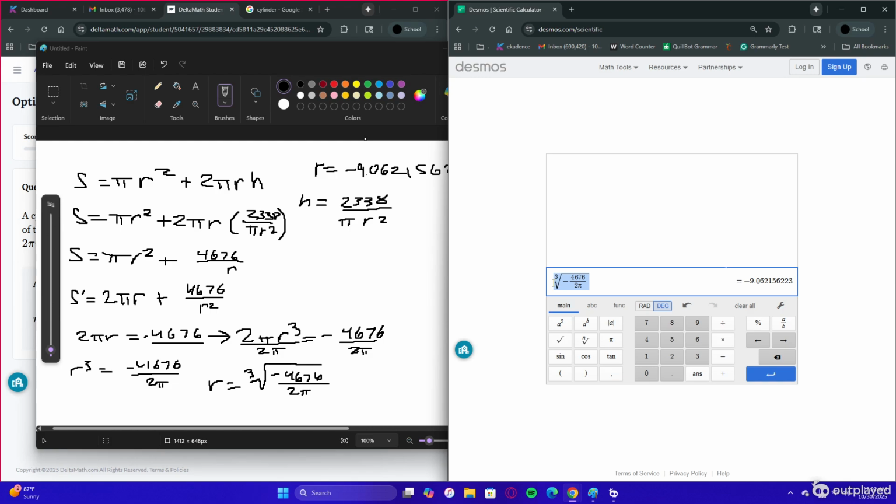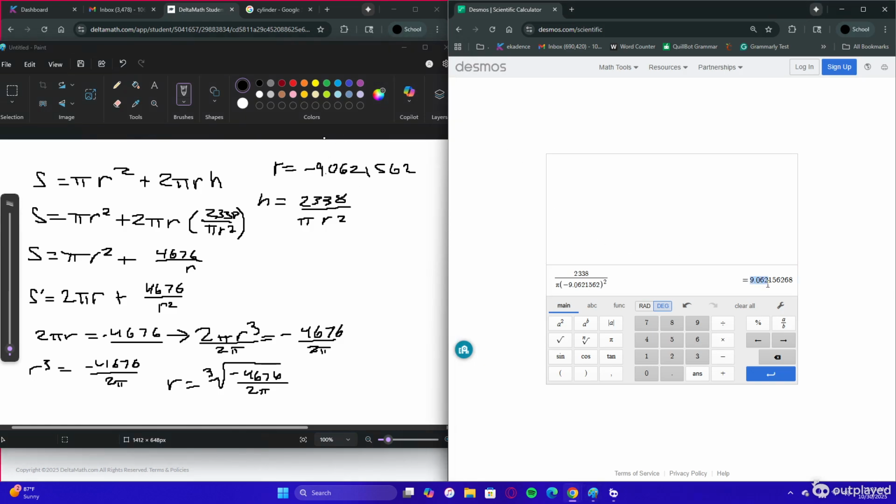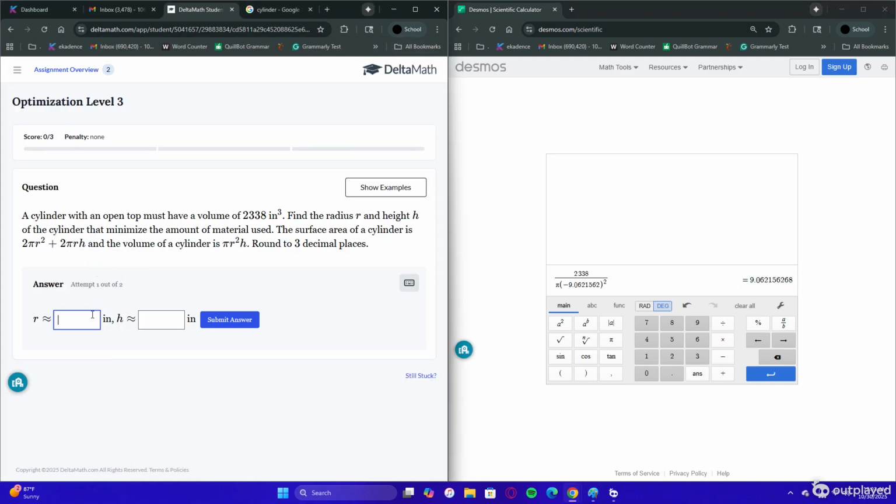Putting that in the calculator, 2338 over pi, and then this squared, 9.0621562. Oh, and this shouldn't be negative, so it would be 9.062 for both of them.